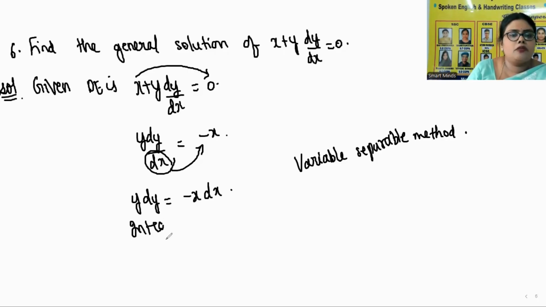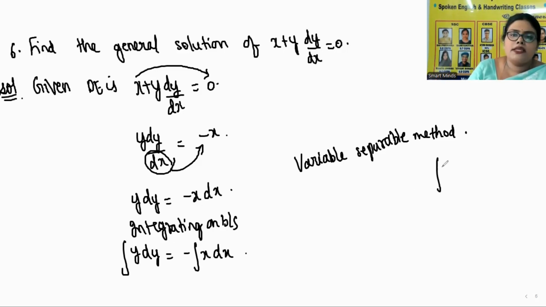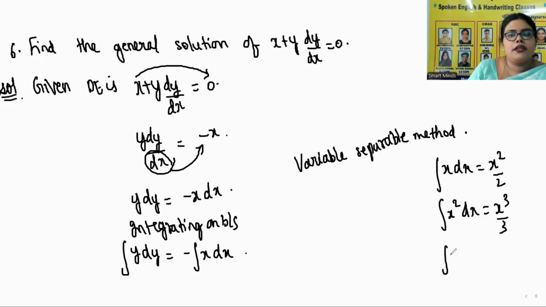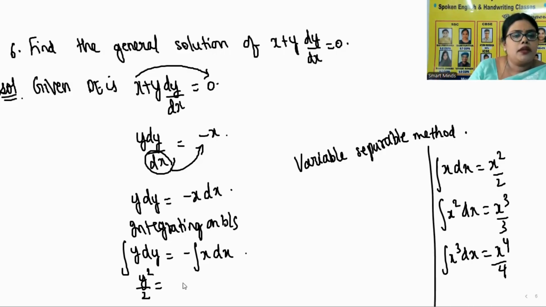Now integrating on both sides. So integral y dy is equal to minus integral x dx. So let me tell you what is integral x dx. It is x square by 2. If you want integral x square dx, x cube by 3. If you want integral x cube dx, x power 4 by 4. Like this. So integral y dy is y square by 2 and integral x dx is x square by 2.